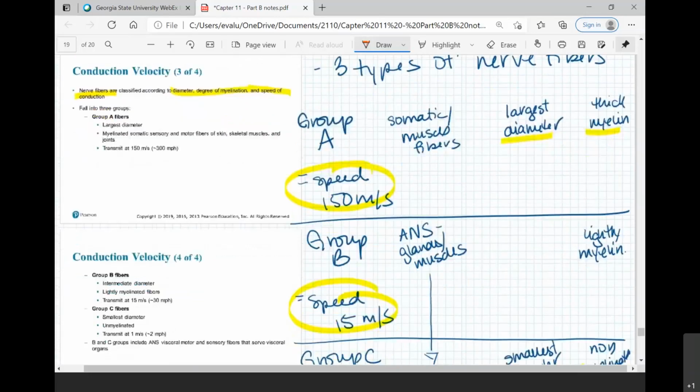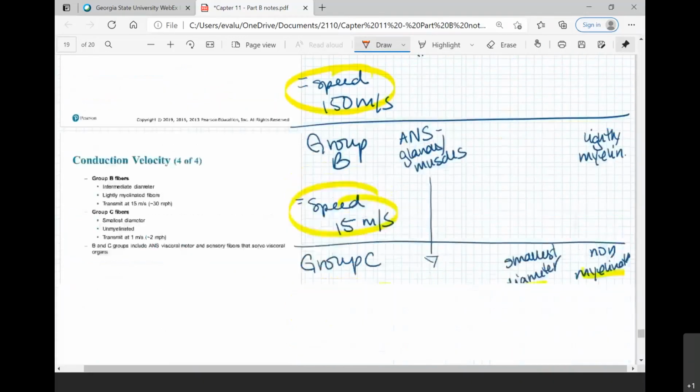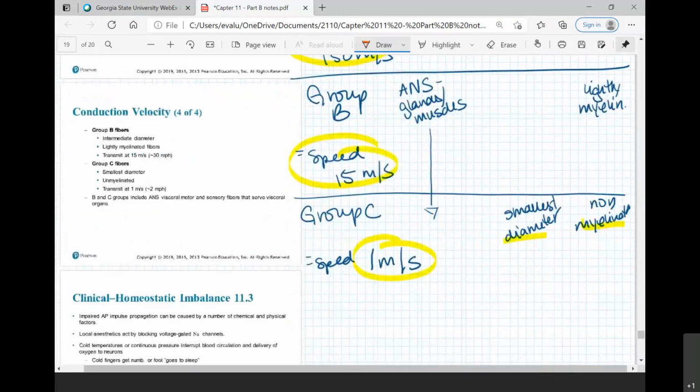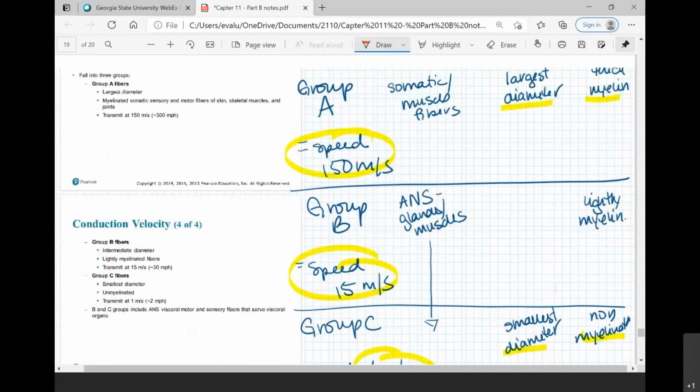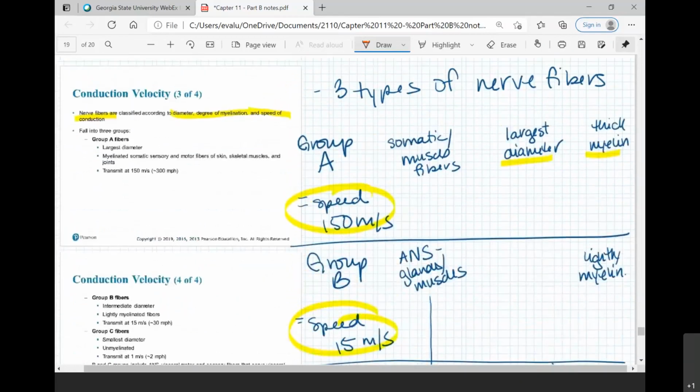You're going to have a group A axon or group A fiber. These are normally your muscle fibers, your somatic nervous system. They are very, very big, and they have a lot of myelin. Therefore, they are fast, 150 meters per second. You want fast when you're moving your muscles. Makes sense. Group B is mainly your autonomic nervous system, so your glands and your muscles.